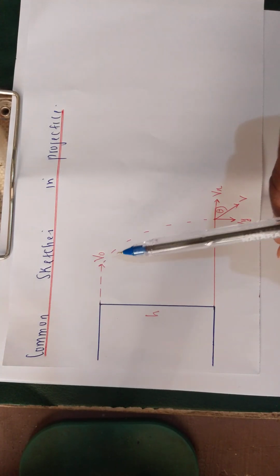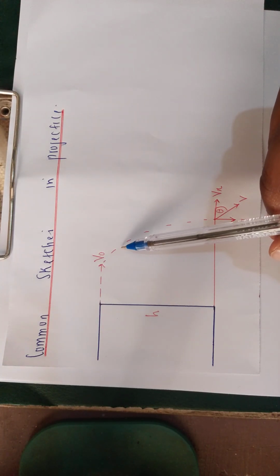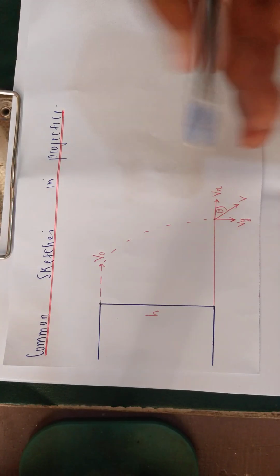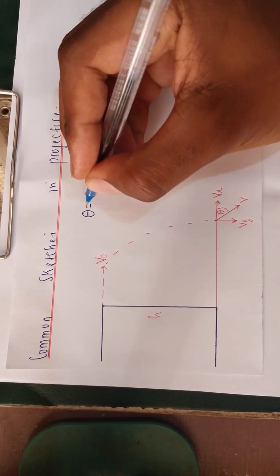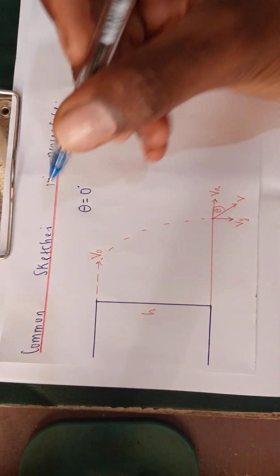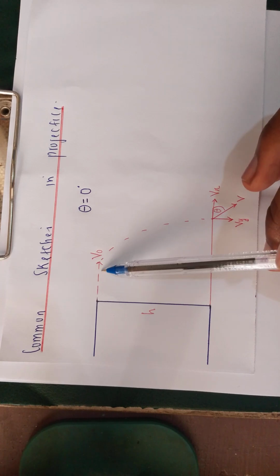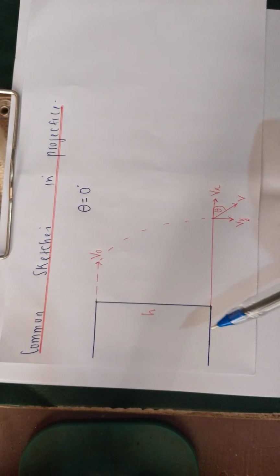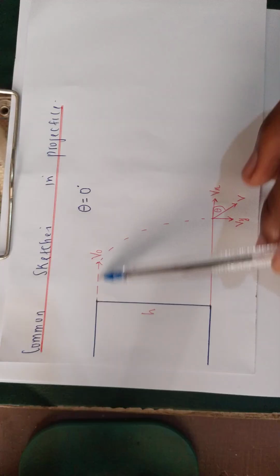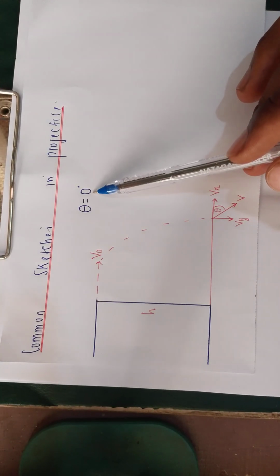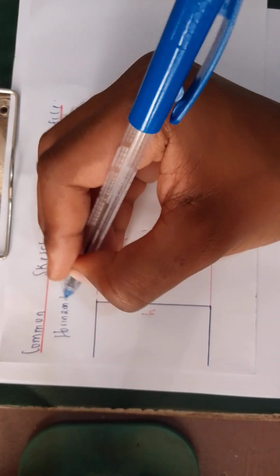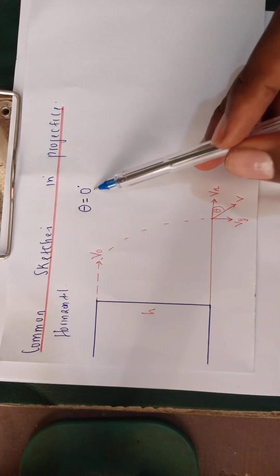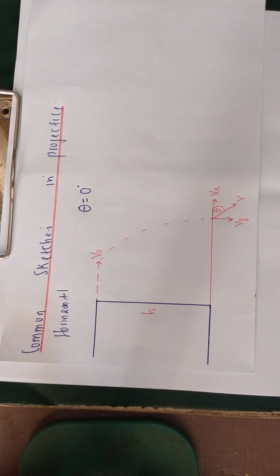One thing that you should understand about horizontal projectile motion is that this body is going to be projected at 0 degrees. There is no angle that is going to be given under horizontal projectile motion. If it is projected horizontally, meaning theta is taken to be 0. So remember, for horizontal projectile motion, the theta is taken to be 0.